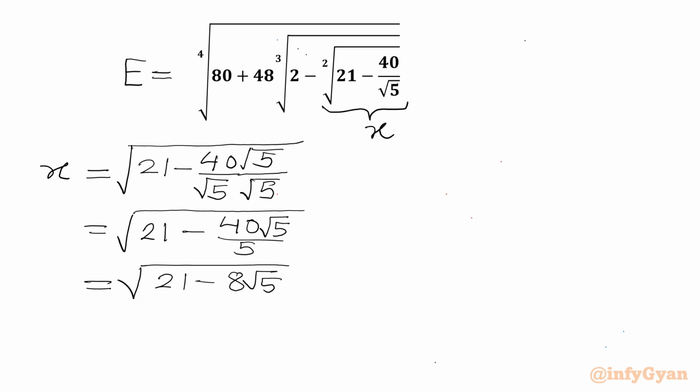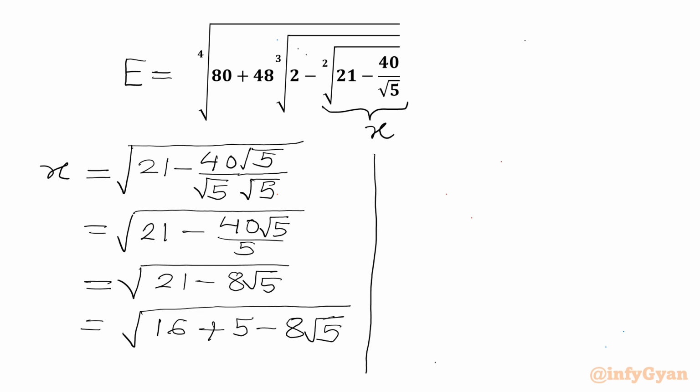Now I will split 21 as 16 plus 5, and then minus 8 root 5. Now we can write 16 as 4 square, 5 as root 5 square, and minus 8 root 5 we can write as 2 times 4 times root 5.